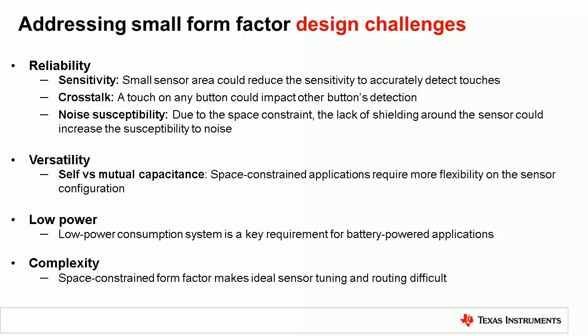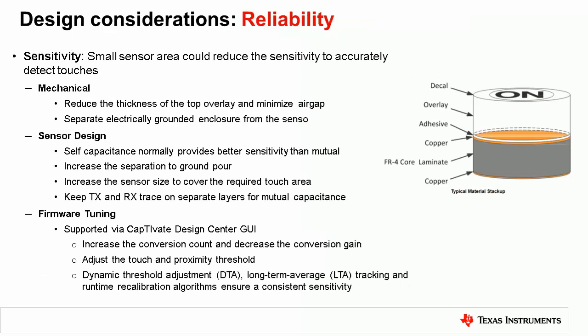The designer must have the flexibility to choose between self-capacitance and mutual capacitance sensor nodes or design a suitable mix of these as per the product requirement. Low power consumption is essential as most of these applications are expected to be battery powered. And finally, the complexity of tuning the sensors needs to be easily manageable. Now let's address each of these challenges briefly.